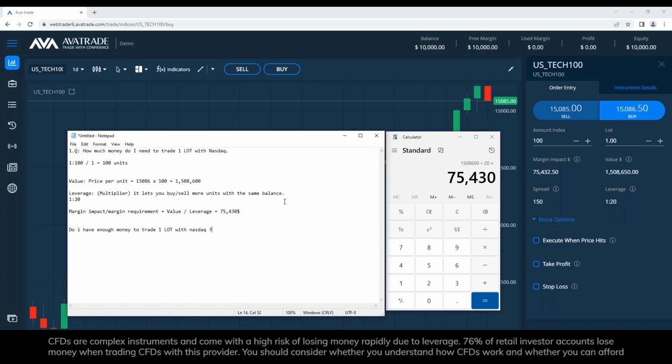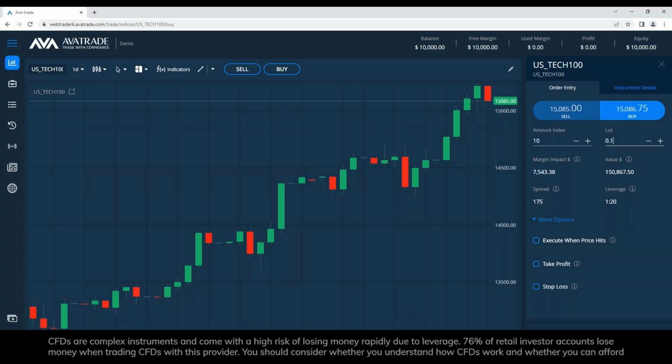Now let's carry on. How much am I missing? If I need 75,000 and I have 10,000, I'm missing 65,000. But I can take 10% of it, that's 10 units, I can afford it.